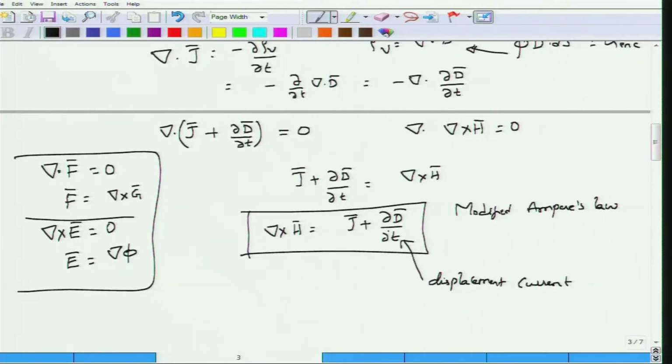In order to distinguish between this displacement current, we sometimes call J the conduction current, okay, or it could also sometimes be convection current, although we are not really going to consider convection currents in our course. So, we have two currents now. One current is because physically charges are moving, and this movement of the charges inside a conductor constitutes a conduction current.